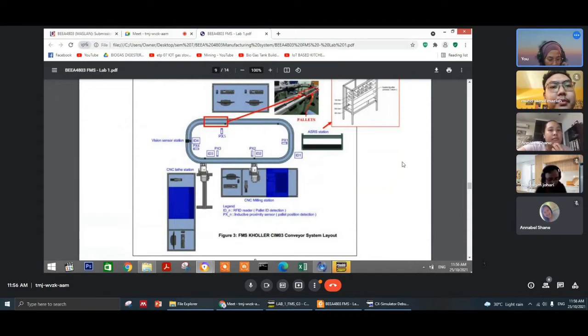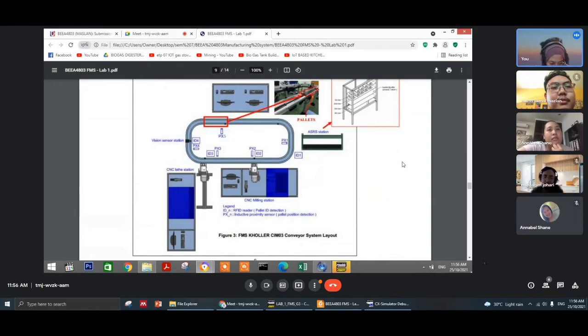Firstly, the jig will be unloaded from the ASRS to the conveyor by using a Cartesian robot. However, before that, the jig will be checked by ID1, which is an RFID reader. Basically the RFID reader will detect the identity, such as a barcode and so on. Next in the system, PS1 and the stopper will turn on.